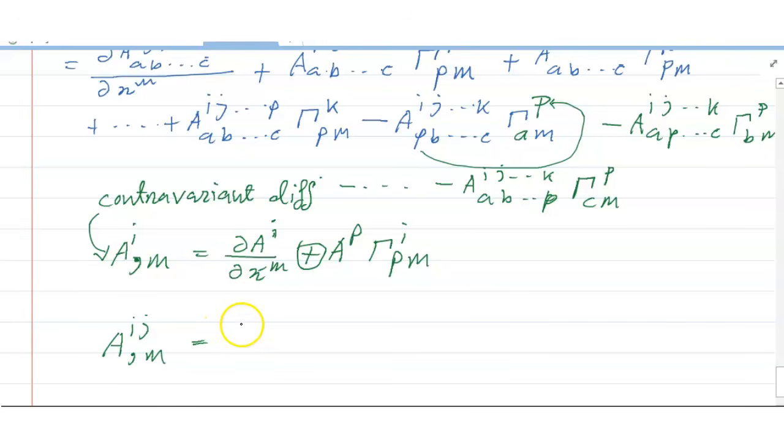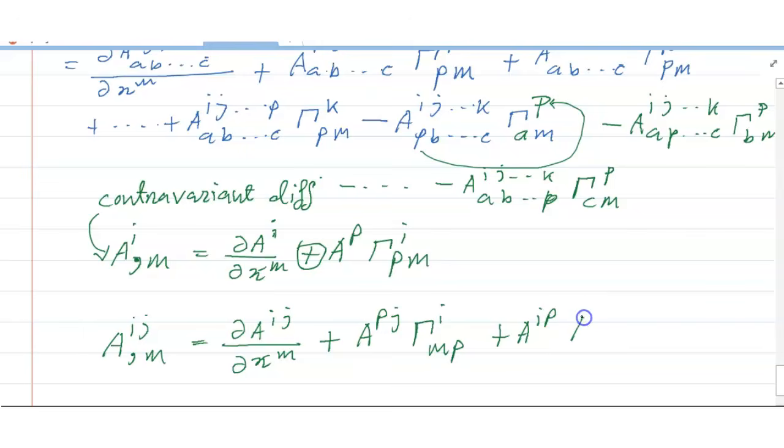Then it can be written as del a^{ij} divided by del x^m plus a^{pj} gamma^i_{pm} plus a^{ip} gamma^j_{pm}.